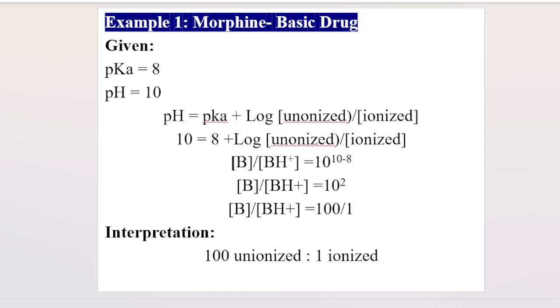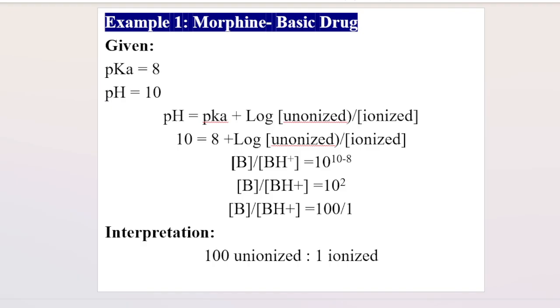Okay, so next example. The first example is about the basic drugs, and the best example is morphine. Morphine has a pKa value of around 8, and if the pH is equal to 10, what will be the ratio between the ionized and unionized form?